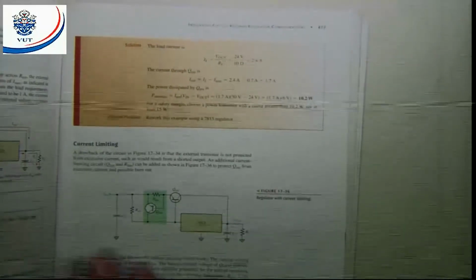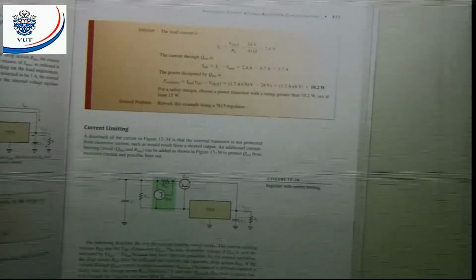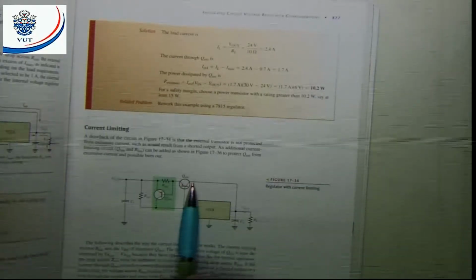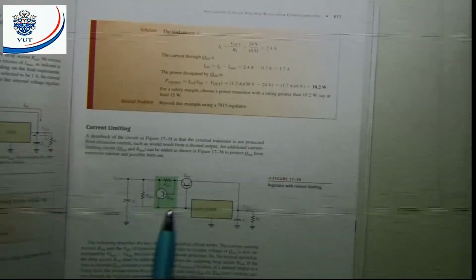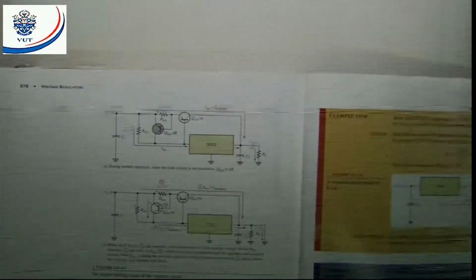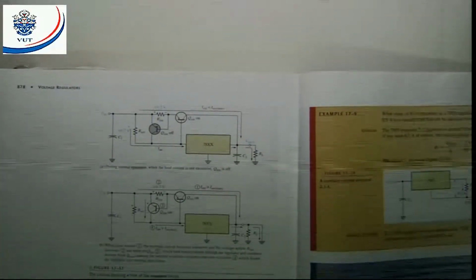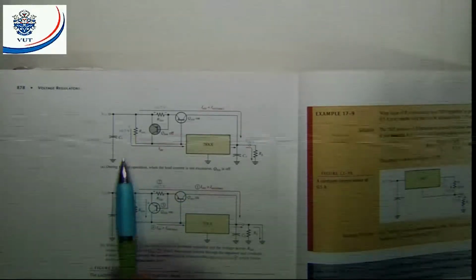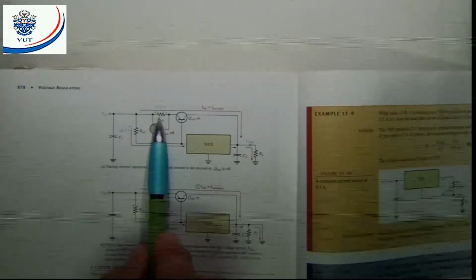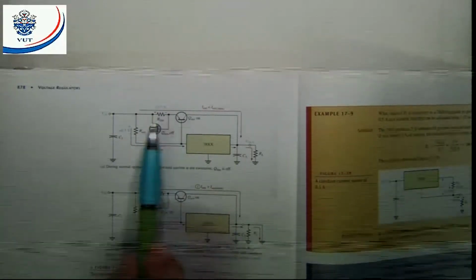Then we can also bring in current limiting into the circuit. If we want to limit the current that's going to flow through this external transistor, we can bring in this current limiting circuit. Let's assume that the volt drop across this resistor there is less than 0.7.